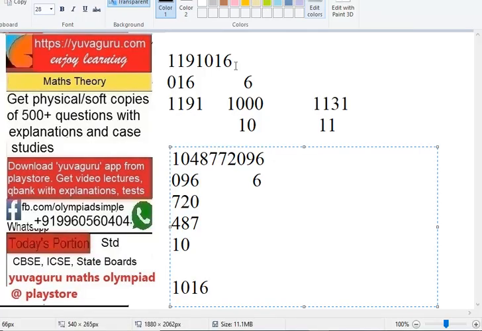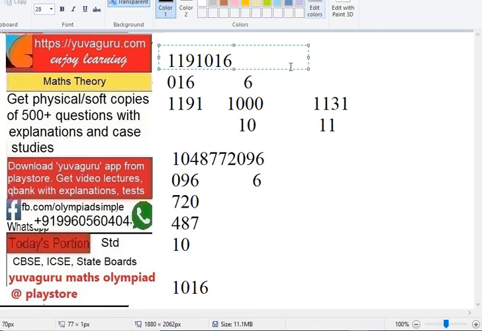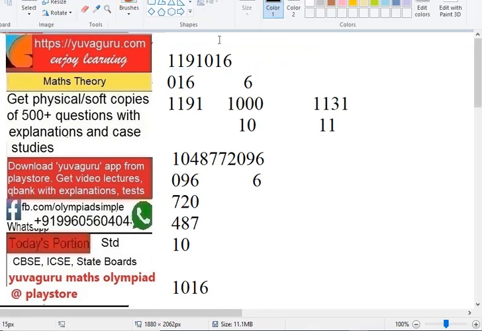See here, this method is useful only if the cube is up to 7 digits. Remember, beyond that it's very difficult. Then we'll have to find another method. See here, for a 7 digit number, 1191016. So make groups of 3: 016, and this full group of 1191. So 016 means the ending number is 6.